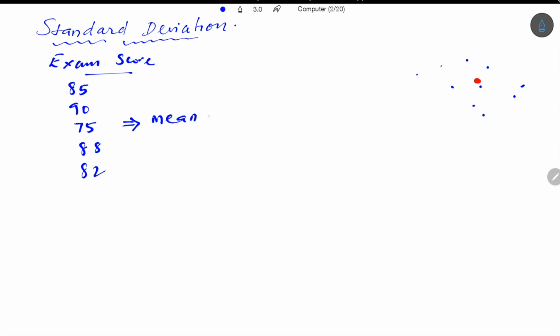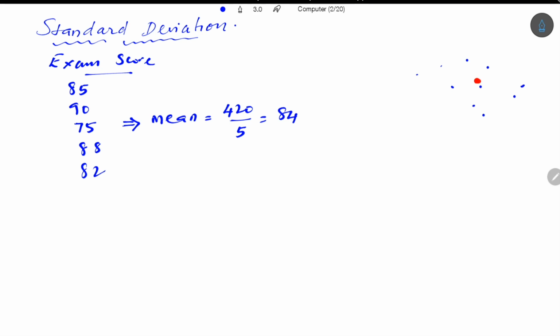The mean equals the addition of all those numbers, which comes to around 420, divided by the total of 5 numbers, so that equals 84.